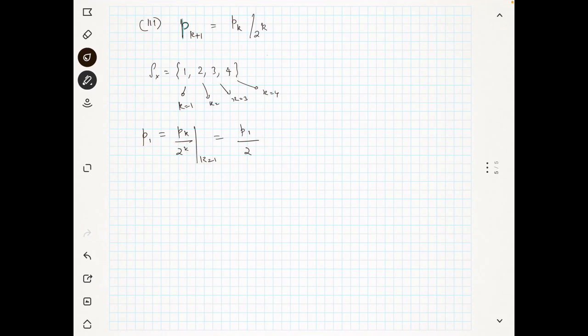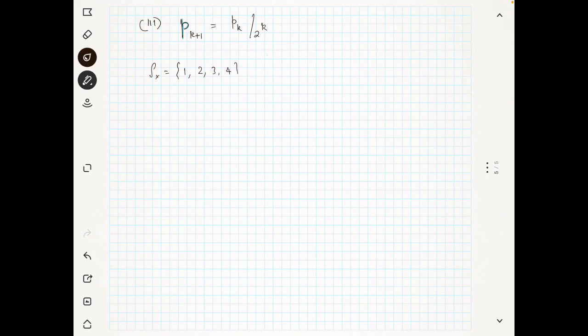Okay, p of k plus 1, sorry, I have made a mistake here. So p of k plus 1 is pk by 2 power k.